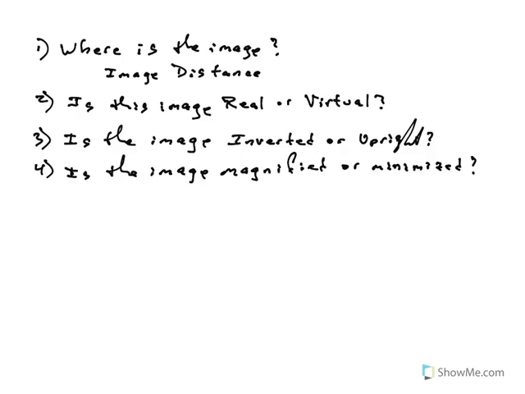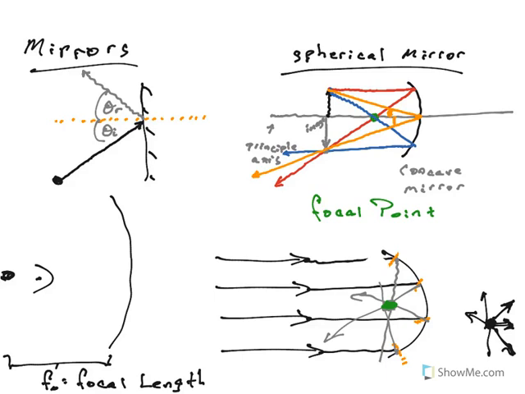So for the first question, let's look back at it. Where is the image located? Well, of course, just to put some notations here, first of all, the distance from the object to the mirror, that distance is called DO, or the object distance. So if I say in the question, you have a mirror whose focal length is 10 centimeters, the object is located at 25 centimeters away, that means the object distance is 25 centimeters.